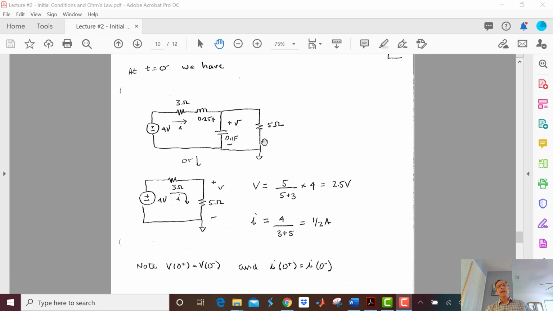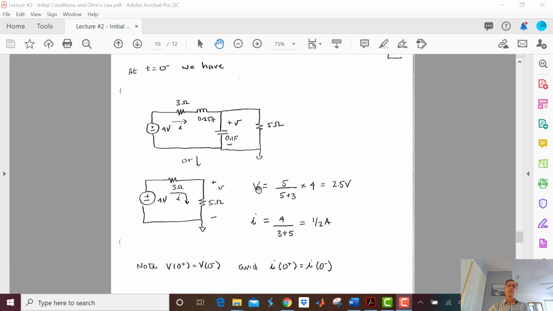And now I'm doing what I often tell you guys not to do, which is, since I'm at t equals 0, I pulled the capacitor out. Do as I say, not as I do. So now I've simplified the circuit even further, and I've still got my supply, I've got my 3 ohm resistor, I shorted out the inductor because there's no voltage across it at steady state, and I opened my capacitor and I just see a voltage divider.